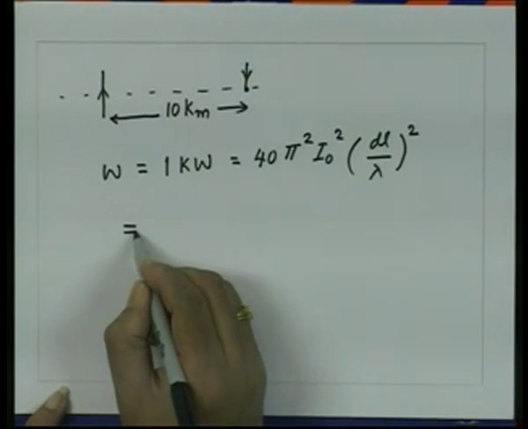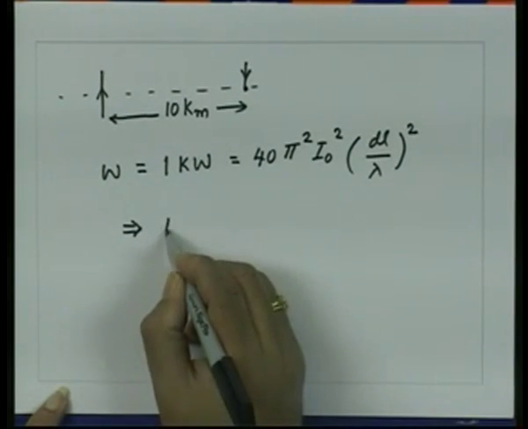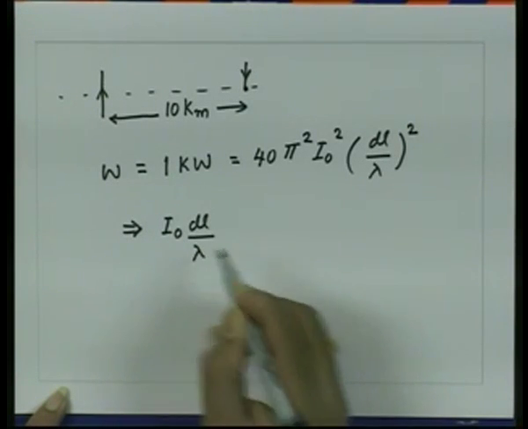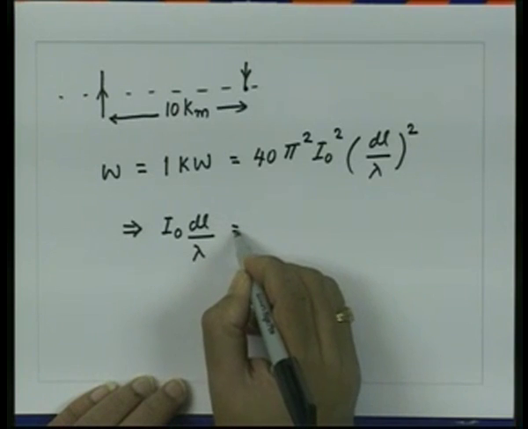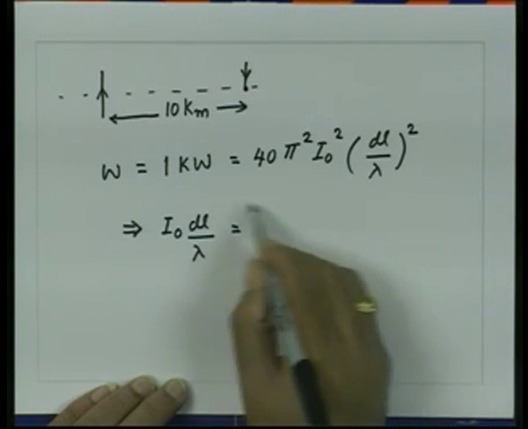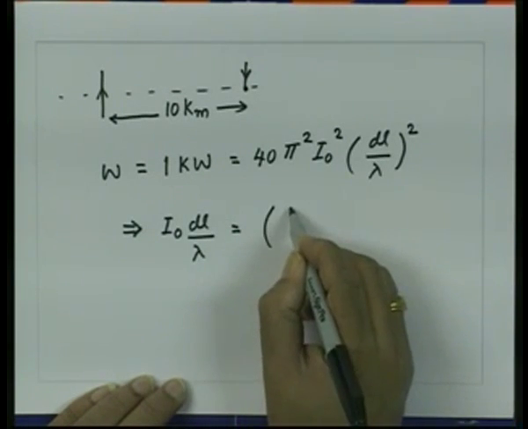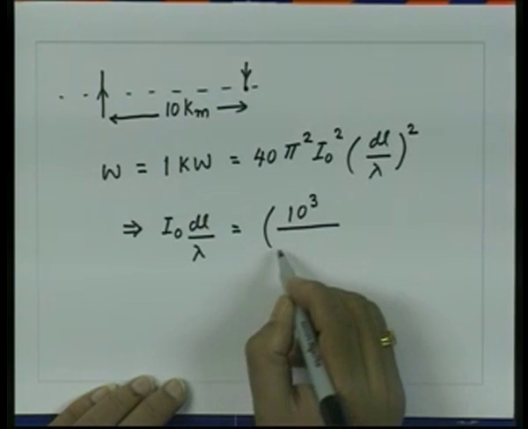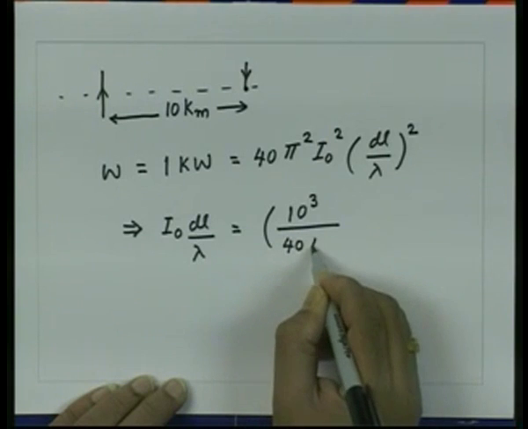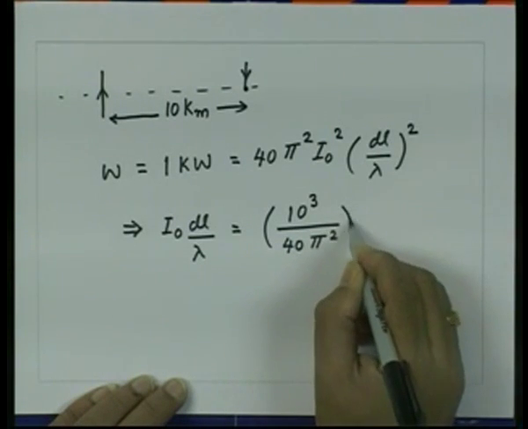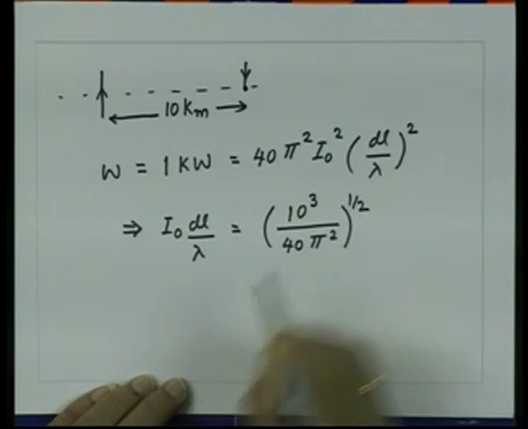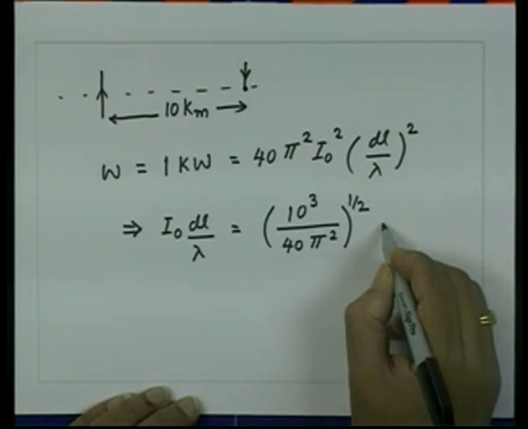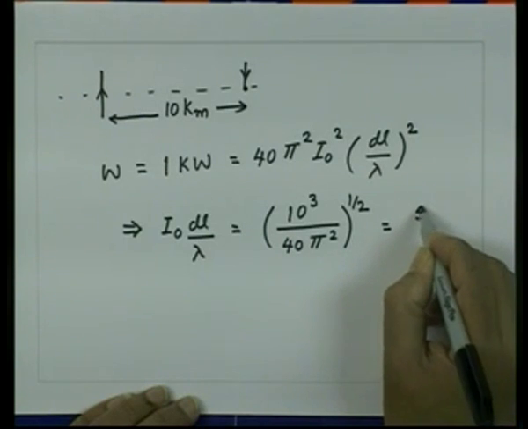So, we can invert this to get I0 dl upon lambda, that is equal to the square root of 1 kilowatt, which is 10 to the power 3 watts, divided by 40 pi square. So, that is equal to 5 upon pi.